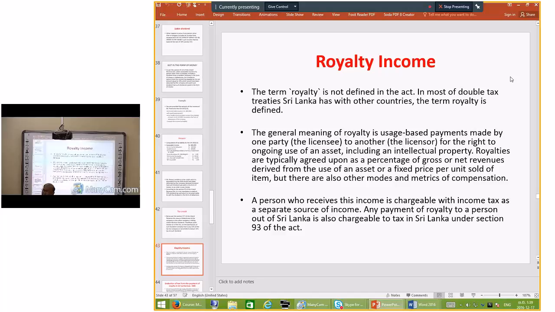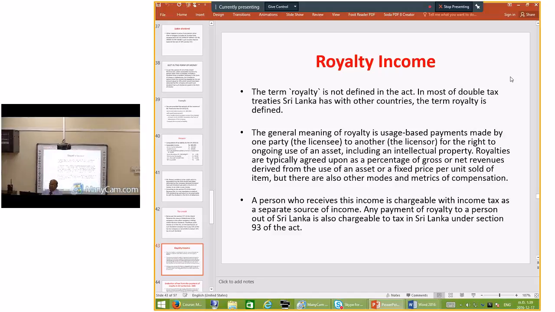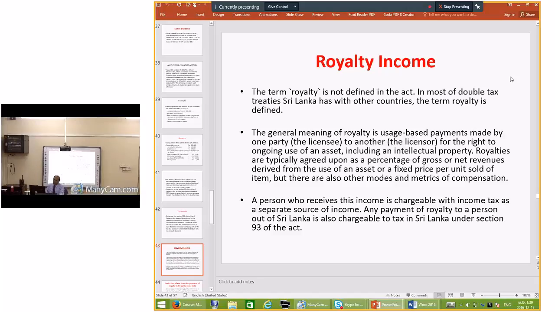For that purpose, they are paying some royalties. Why? All the multinational companies have established subsidiaries in other countries, and the subsidiaries are given the right to manufacture their products based on their formulas, and are also allowed to use the trade names.